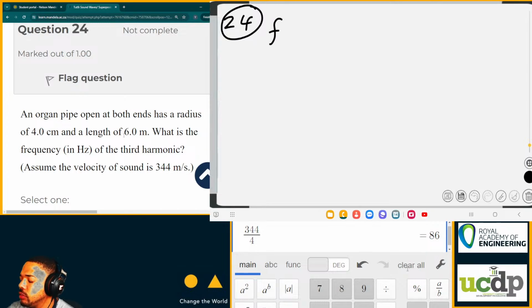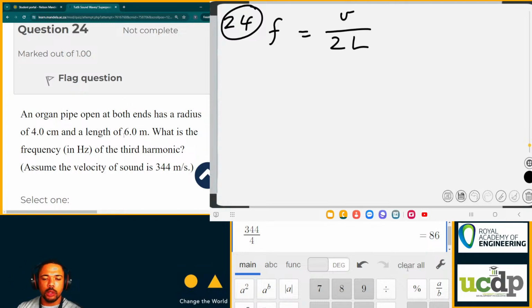To get the frequency of the third harmonic, we need to first find the fundamental frequency. Now the fundamental frequency of an organ pipe or a tube opened at both ends is equal to the speed divided by 2 times the length.